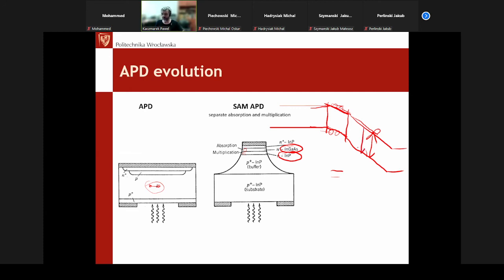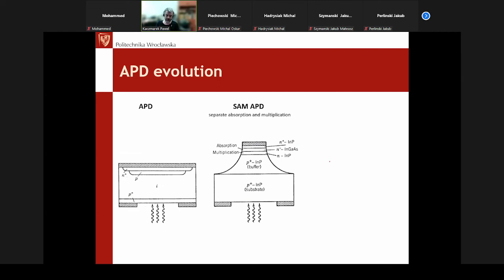So this material can be quite thick, but if the band gap for this material is much bigger, its influence on the dark current of this part of the photodetector will be much smaller. So the only source of the dark current will be this absorption layer, and it can be quite thin, in fact. So if it is thin, we have a low volume of dark current creation. We create electron-hole carriers only in this layer, and multiplication takes place in this second layer.